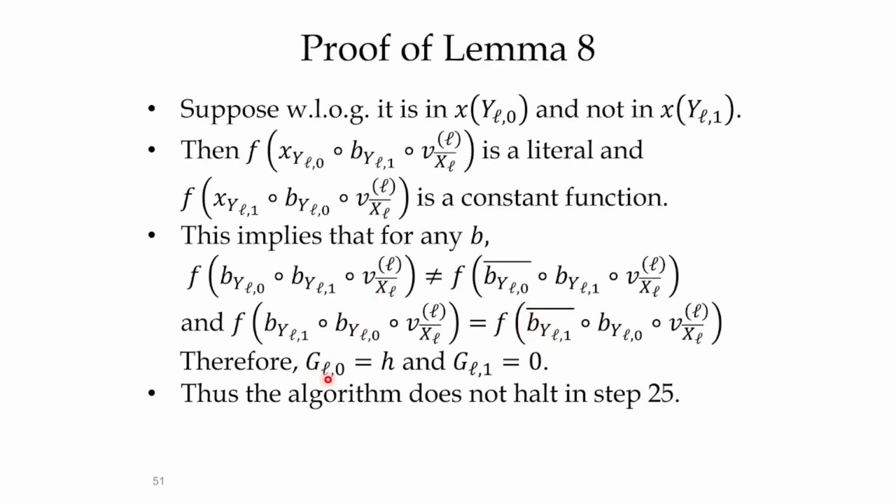Therefore, GL0 equals H and GL1 equals 0. First, the algorithm does not halt in step 25.